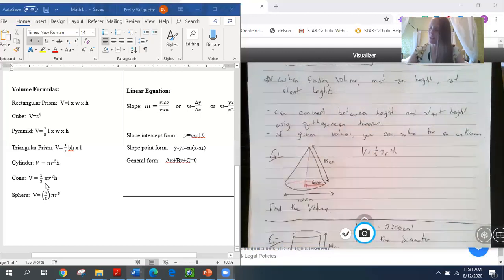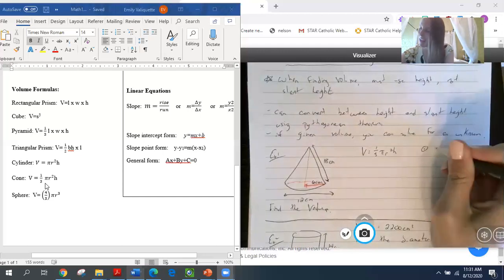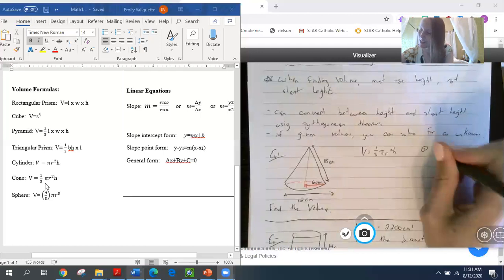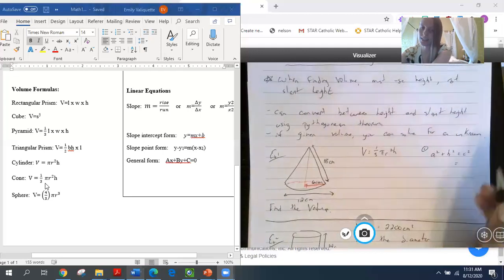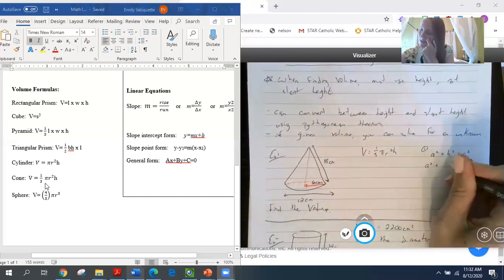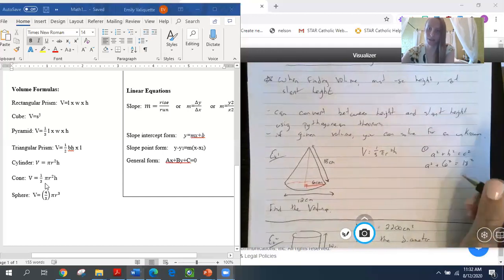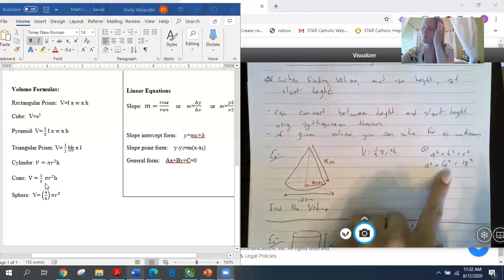And then I'm going to need to use Pythagorean theorem. So that is a squared plus b squared equals c squared. My c squared does need to be my hypotenuse. And then my a squared and my 6 squared. Doesn't matter, of course, which variable you use. You could plug the 6 in with the a and solve for b too.